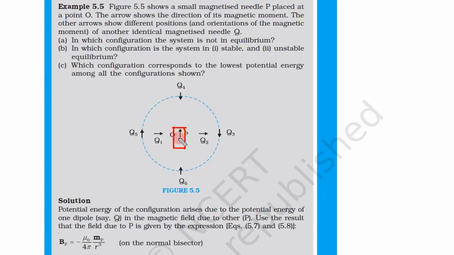So you know this is the direction. How will these magnetic field lines go? Magnetic field lines will go something like this. Here also, again here also, and this third one here.